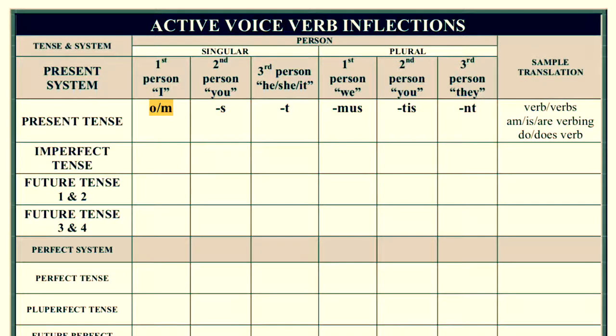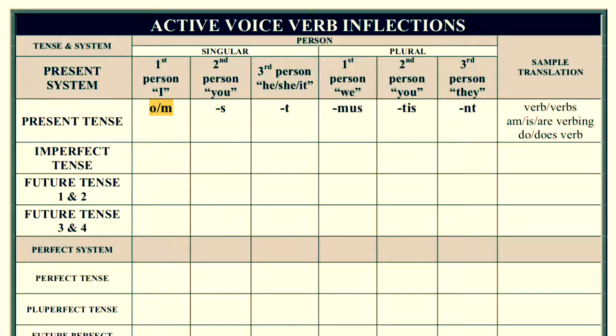The endings that you have written on your chart represent the present tense. Because the verbs that use these endings are written in the present tense, when you translate them into English, you must use one of the sample translations that are written on your chart.